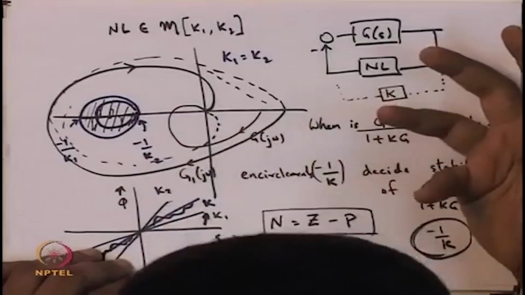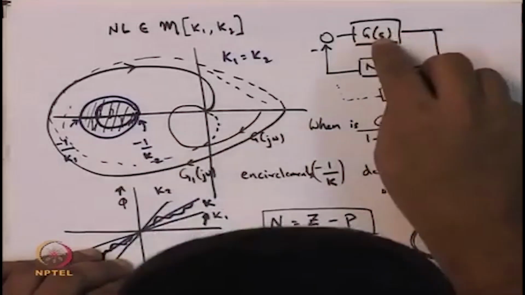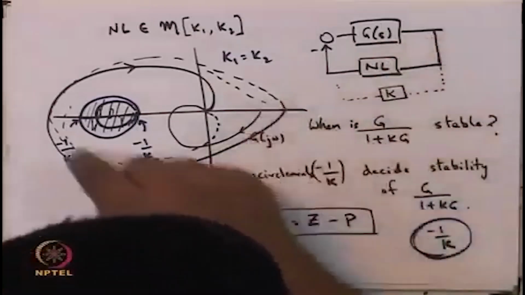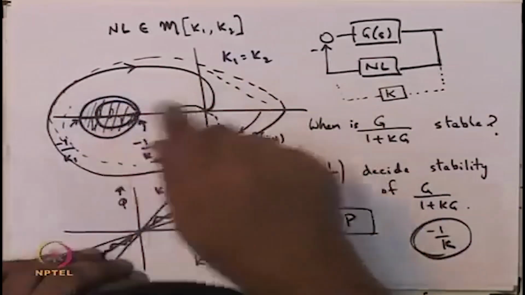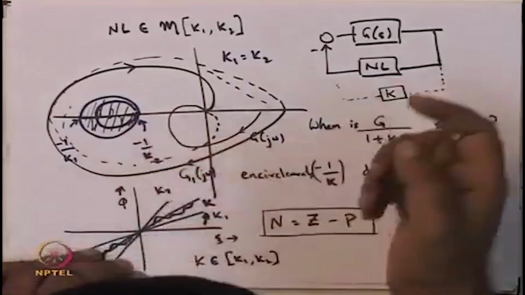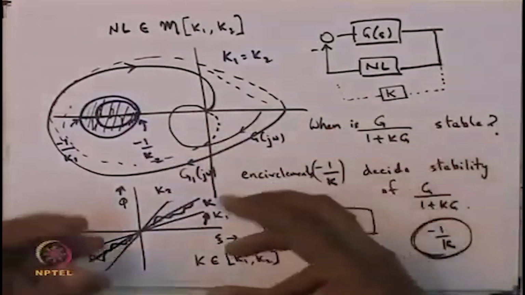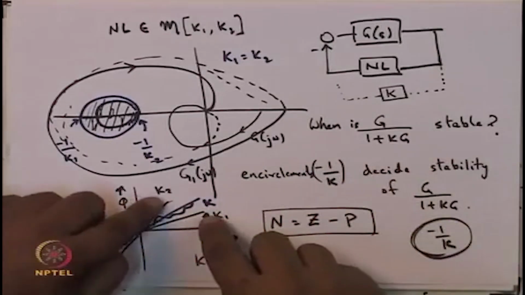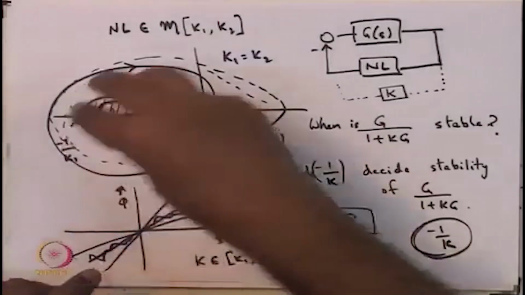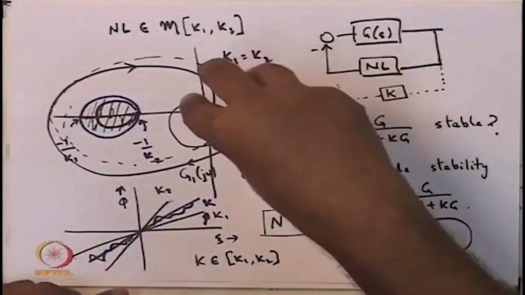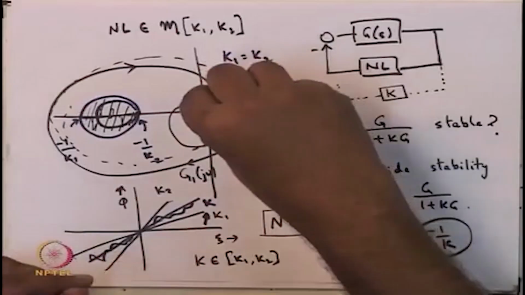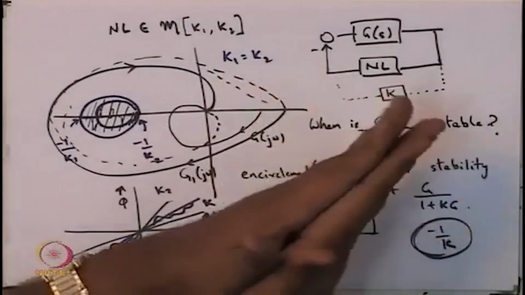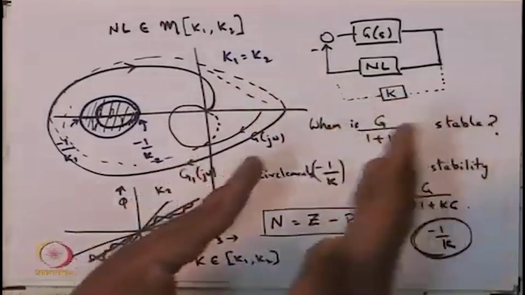If it's unstable, with poles in the right half plane, then there should be an appropriate number of encirclements of the point minus 1 by k2. So in some sense, all this nonlinearity lying between k1 and k2 is captured by this circle, and that circle shrinks down to a point when you shrink this interval down to a linear gain.